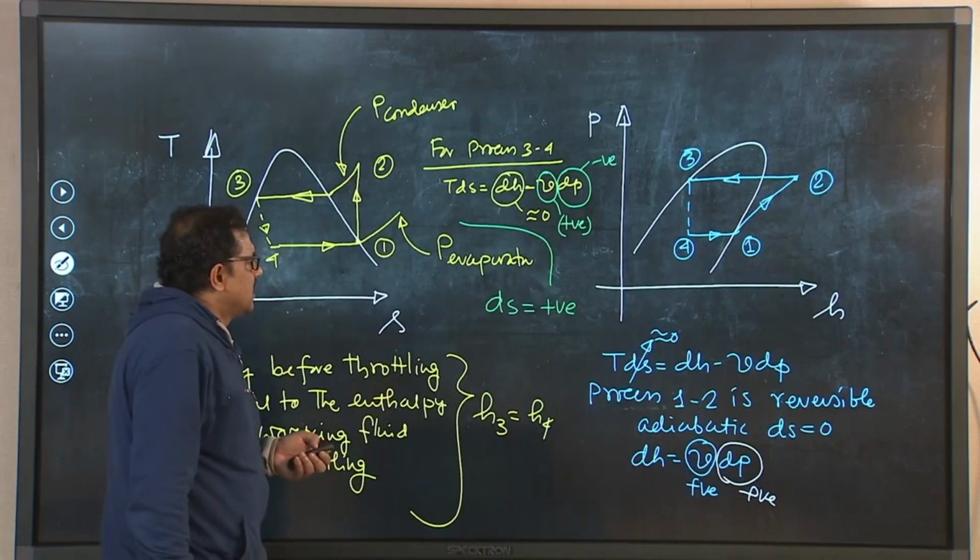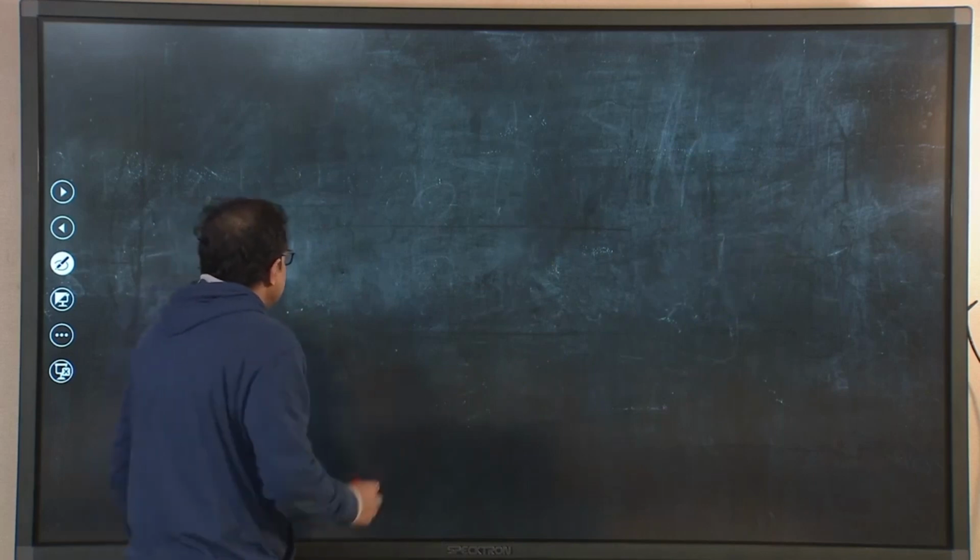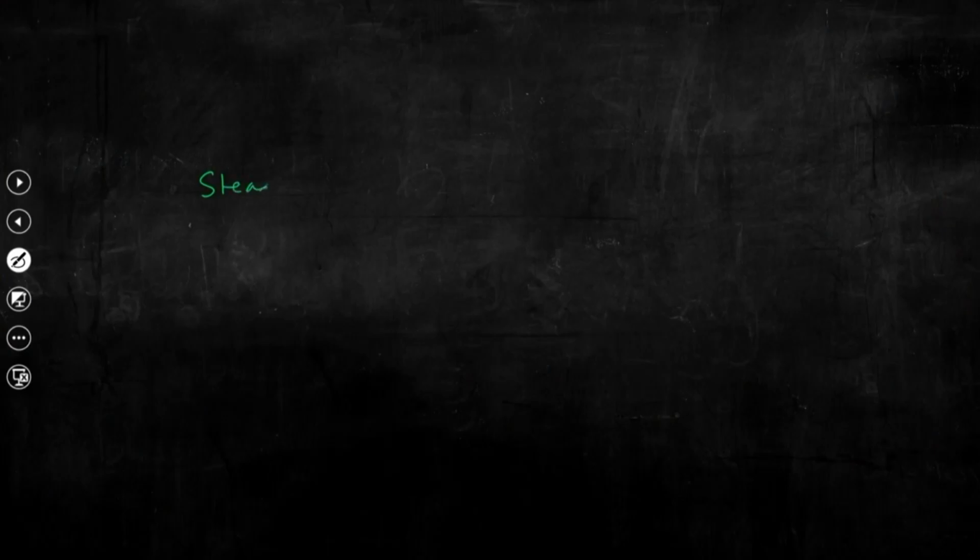So, now let us consider the steady state steady flow equation. If we assume that the steady state has reached, and consider 1 kg of the working fluid, that is, refrigerant, then we apply the steady state steady flow equation across all the components.